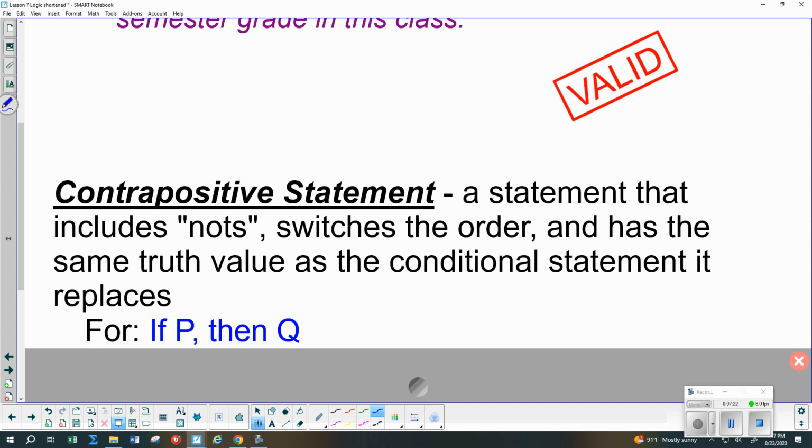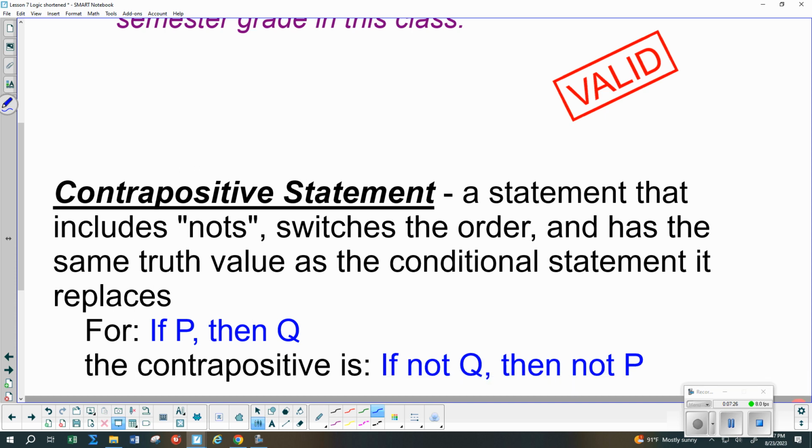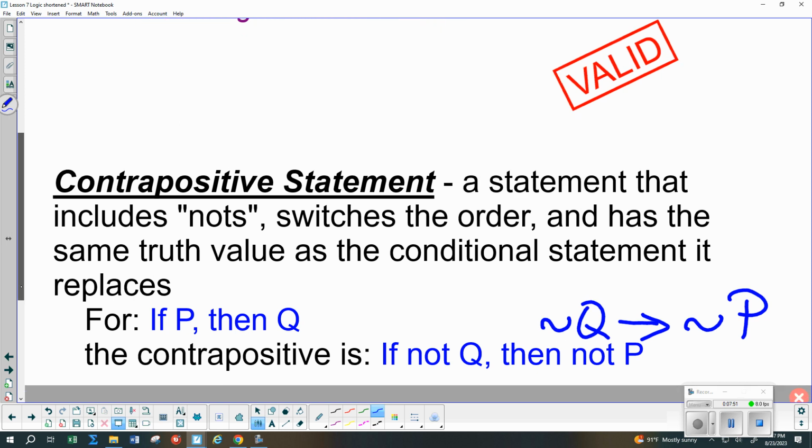So our original one was if P, then Q. The contrapositive is not Q, then not P. So to take the contrapositive of getting 95s on everything, then an A, the contrapositive is going to be if not an A, then not 95s on absolutely everything in the grade book.